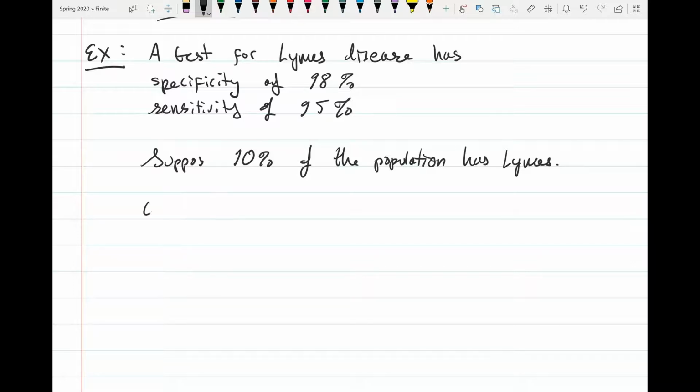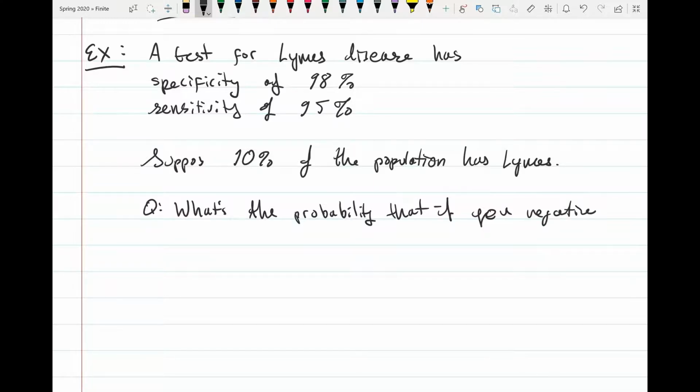Then the question is, what's the probability that if you test negative, you don't have it?